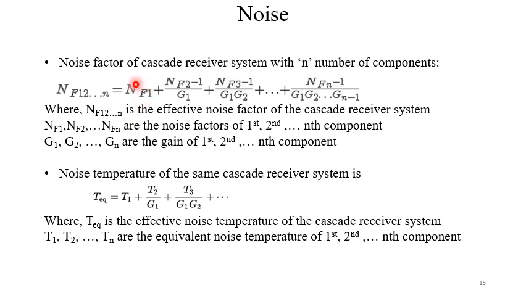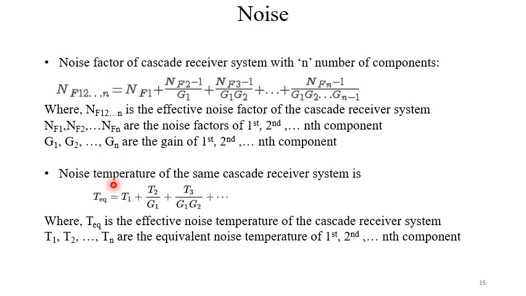So this first term has no denominator. If G1 is made very high, then all these subsequent terms become negligibly small, and if we can make the noise factor of the first stage, NF1, as small as possible, then the overall noise factor will also get reduced.